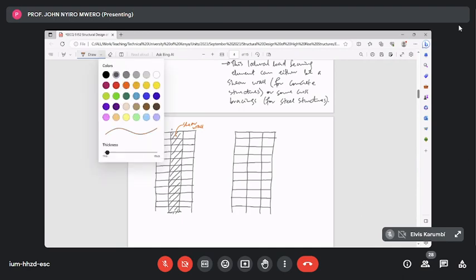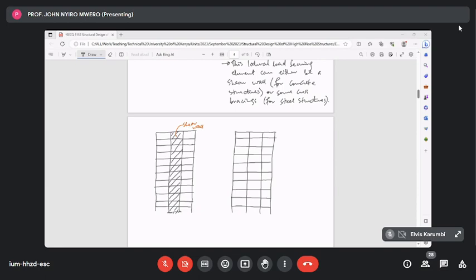If this building was made out of structural steel, then we would have one bay or more that are braced that way with some cross bracings.